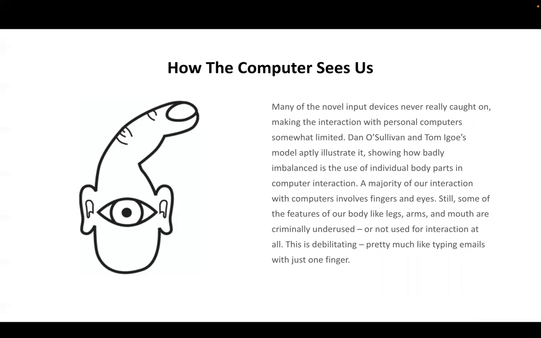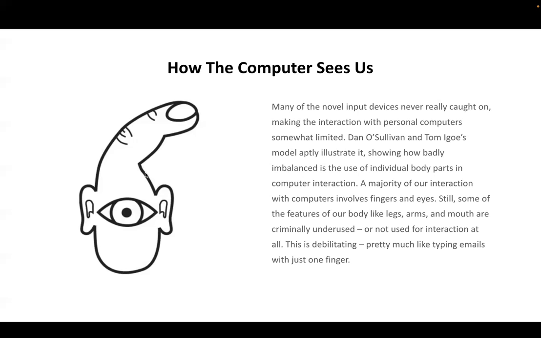For example, when we are typing and sending an email using the keyboard, it doesn't matter whether we have 10 fingers or 20 fingers, because the computer observes it as one finger.